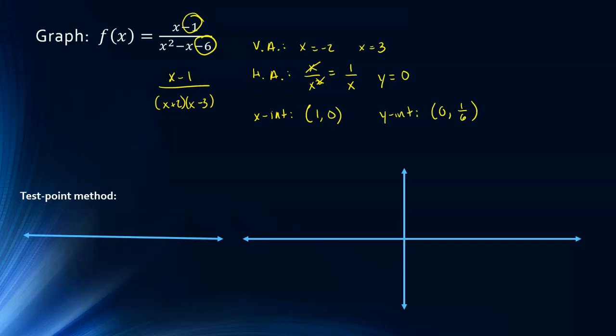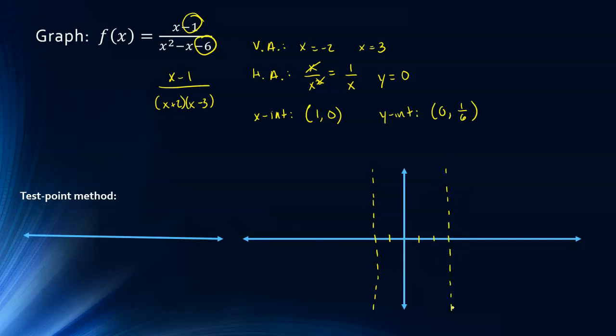All right, so we're going to use this information to be able to sketch a graph. So let's start with our vertical asymptote. I'd have a vertical asymptote at x equals -2. Okay, so there's a vertical asymptote. I'd have a vertical asymptote at x equals 3.